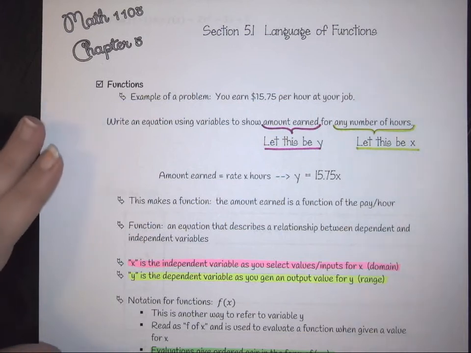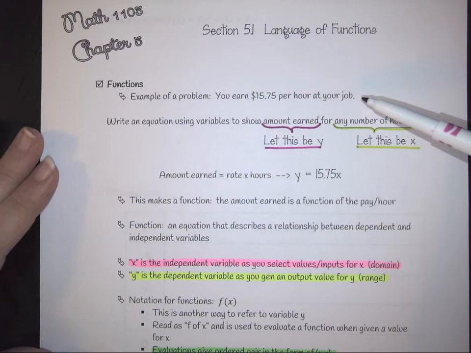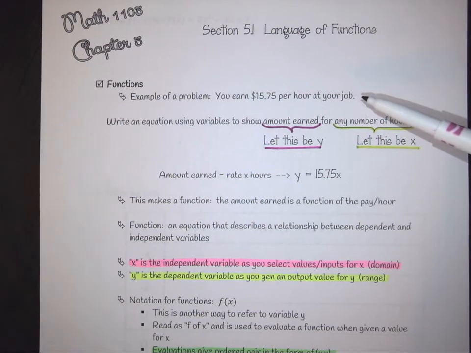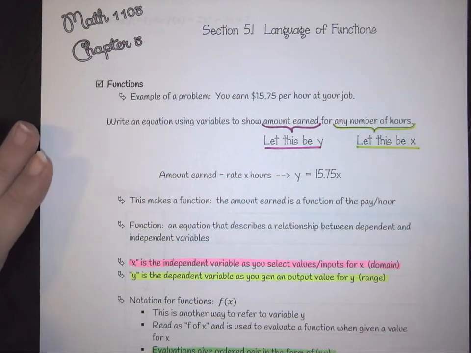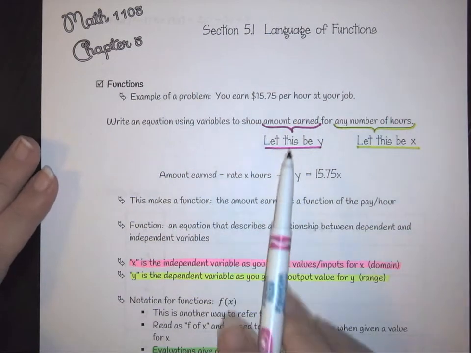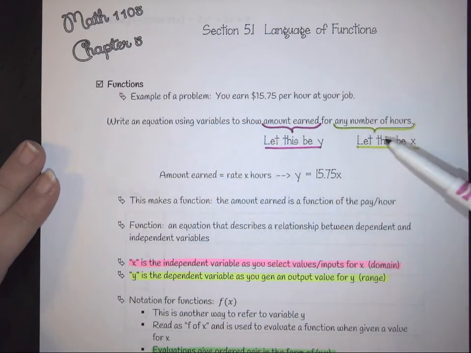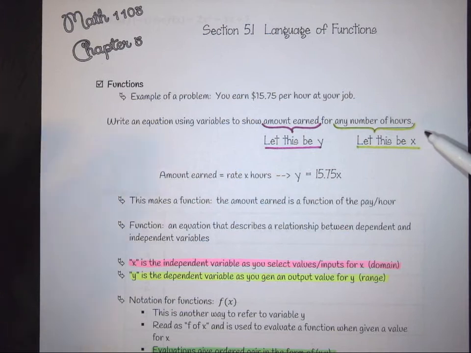In order to really understand what a function is, I have this mini example here that says you're given a problem where you earn $15.75 per hour at your job. So if we want to write this in terms of an equation like we used to do using variables, the one thing that we would remember is that the amount earned would be your y value, and then any number of hours at that job would be that x value.